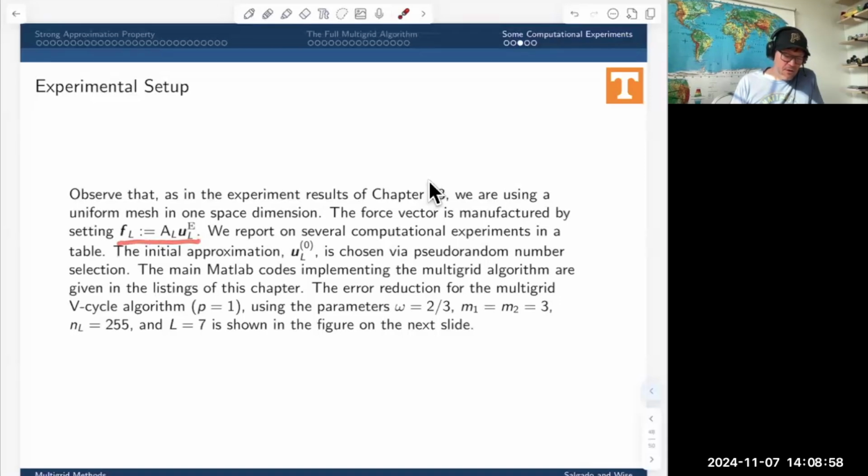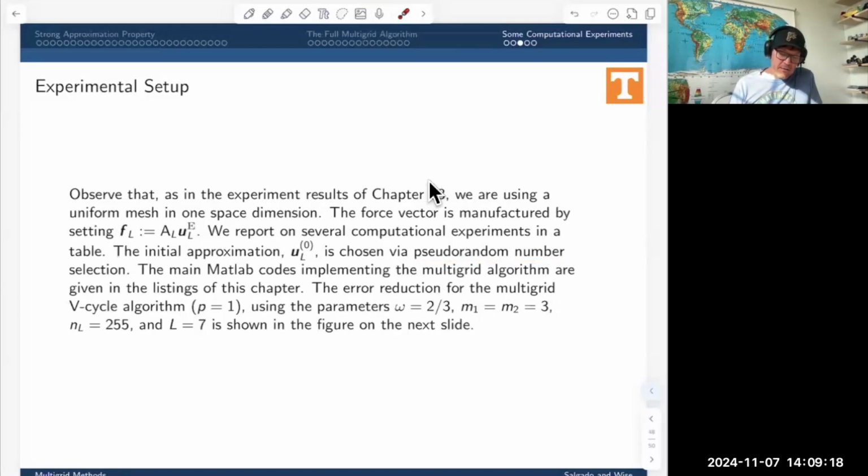So we manufacture our right-hand side because we manufactured our true solution. And then we're going to choose an initial guess by some pseudo-random number selection. Oftentimes what people do is just set this vector equal to 0, but we throw some random numbers at it instead.